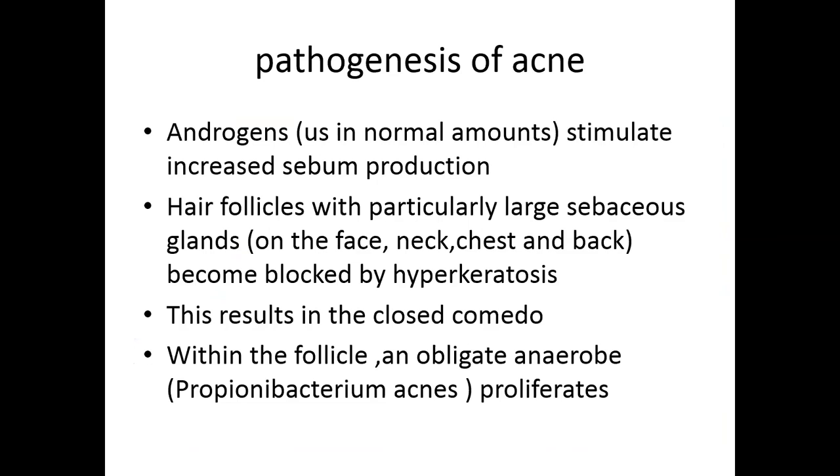What is the pathogenesis of acne? It's mainly due to 4 reasons. Not one exact cause, it's a combination of several factors. Because acne comes during adolescence, it's due to androgens, usually in normal amounts, which stimulate increased sebum production.